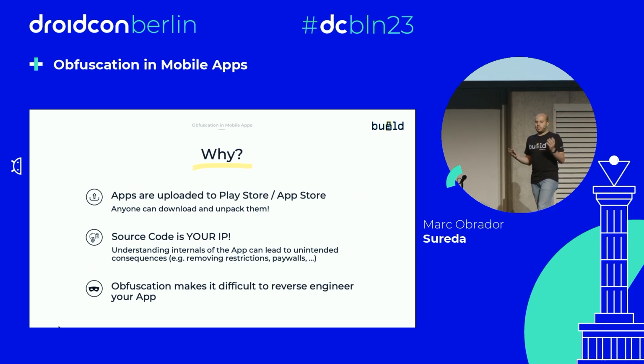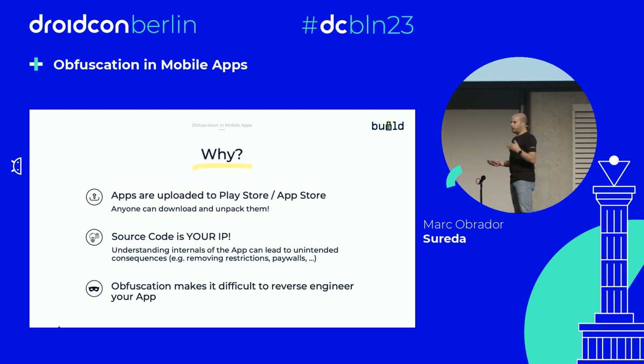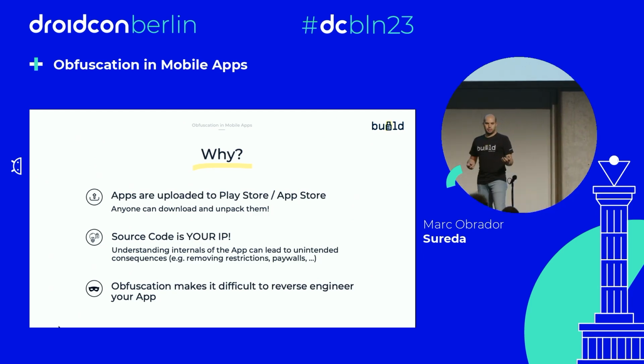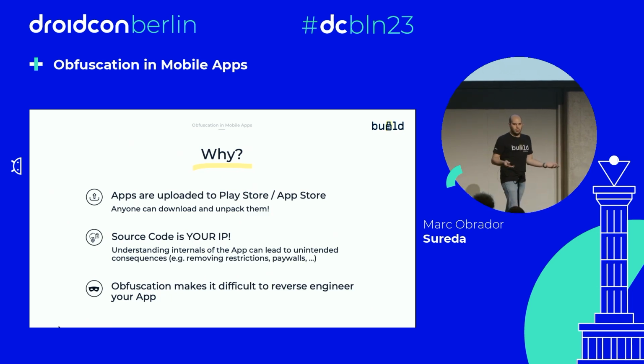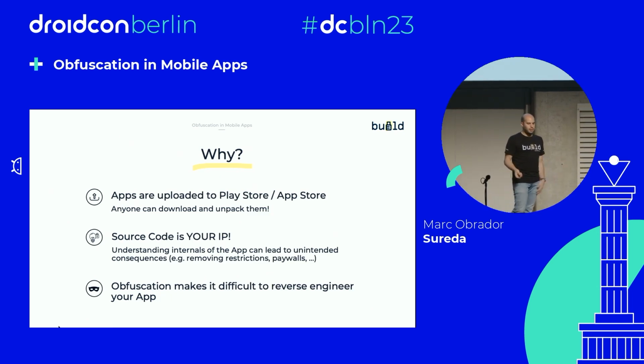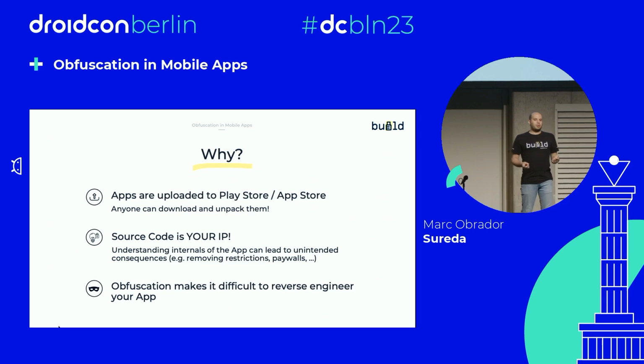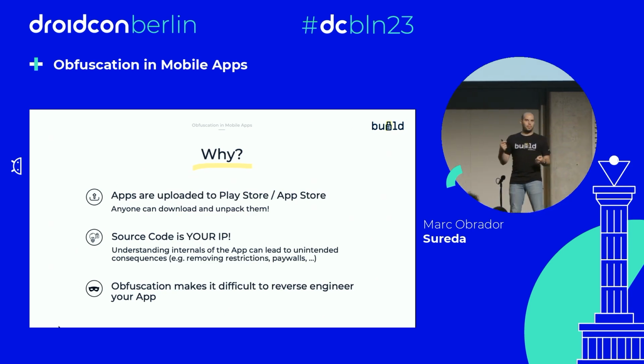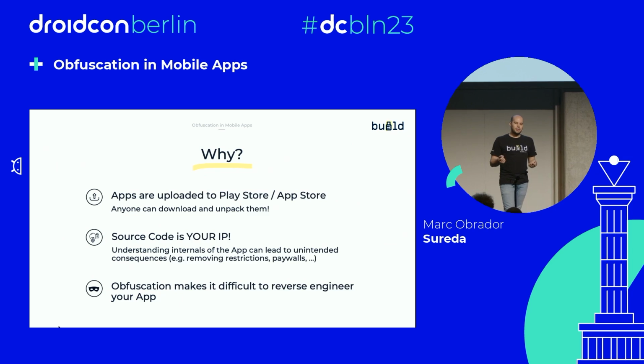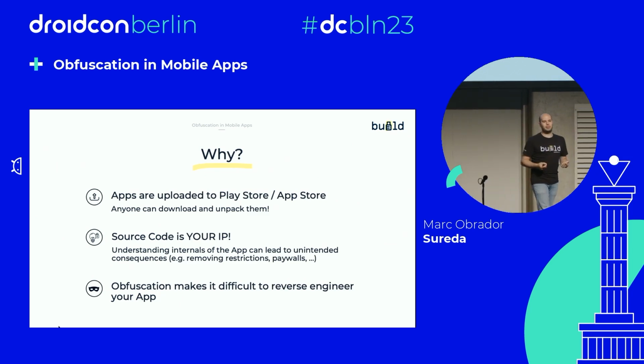So in the best case scenario, someone can get it and try to copy what we are doing, and as IP, you don't want anyone to just do that. But in the worst case scenario, someone can understand the code to the point where they can manipulate it, change it in such a way that the code behaves differently than you intended.